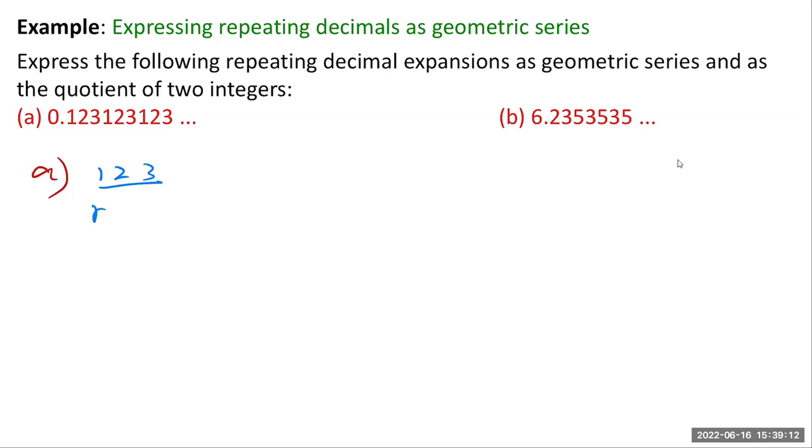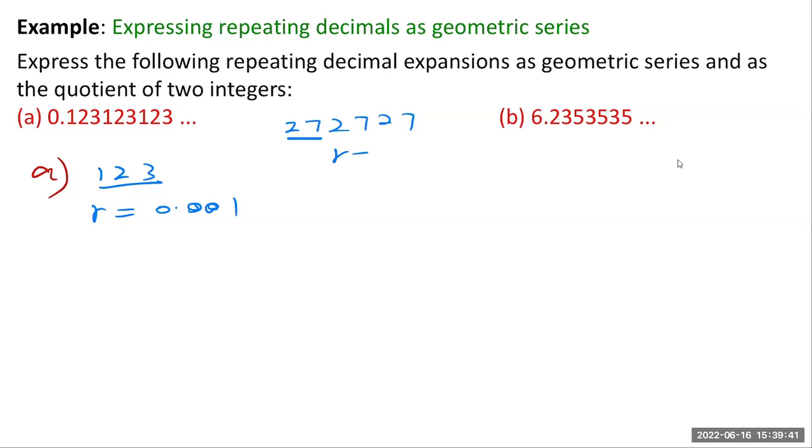So the associated R is going to be 0.001. After the decimal place, you should have 3 numbers, see? Because this length is 3. If the length of this repeating unit is 3, your R is going to be 0.001. In any example, let's say you have the repeating unit to be 27, 27, 27, then the length of a repeating unit is 2.